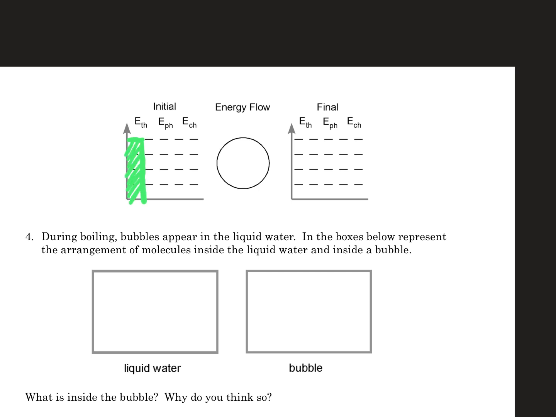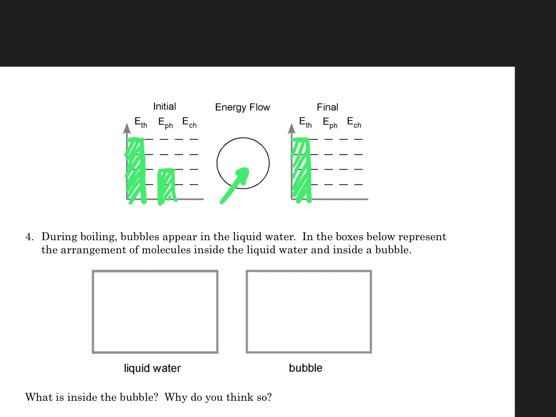ETH is 4 bars, just like it was before, because we're picking up where we left off, right? And we were at liquid water. That's 2 bars, okay? We're still adding energy to this, right? We're still adding energy, and this water is boiling. The temperature does not change. It stays at 100 degrees. That's still 4 bars of thermal energy.